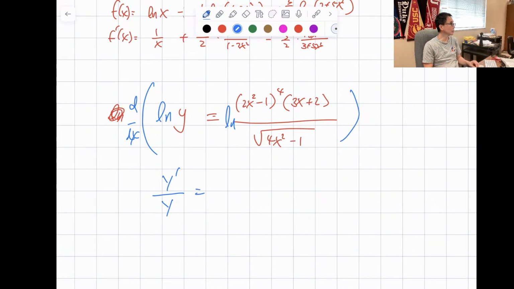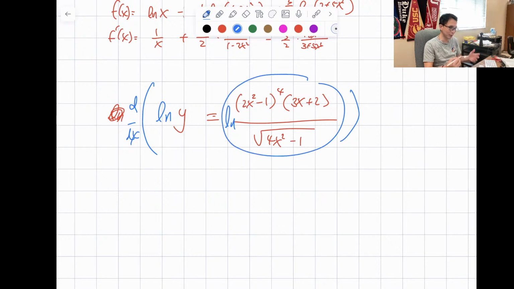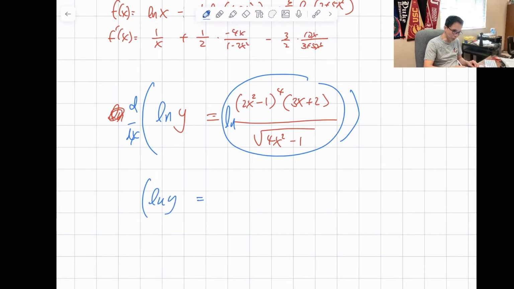Catherine, you follow me? I know you're sick today. You understand so far? Okay. So now, that's that part. But the problem is, let me expand this part before I take a derivative. Natural log of y is equal to 4 natural log of 2x squared minus 1 plus natural log of 3x plus 2 minus 1/2 natural log of 4x squared minus 1.